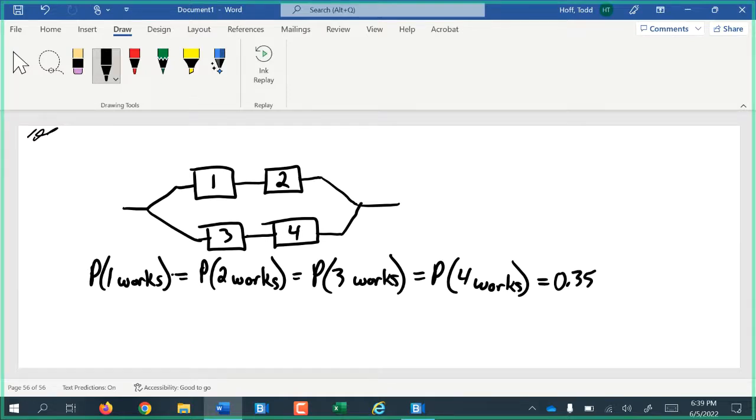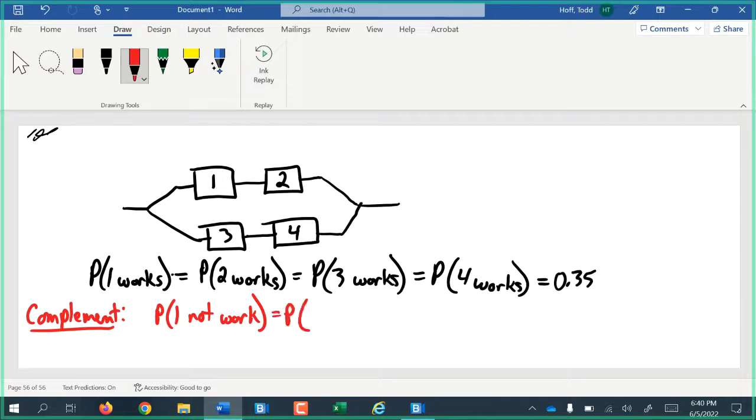Now, a concept that we talked about briefly is the idea of a complement. So the complement of working would be not working. So the probability that 1 does not work is going to equal the probability that 2, and I'm just going to do 2, 3, 4 not work. Probability that each of them does not work is the complement.